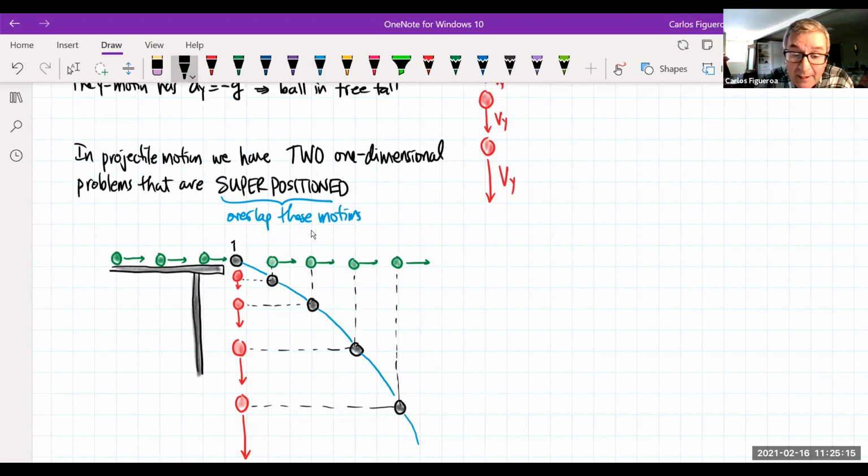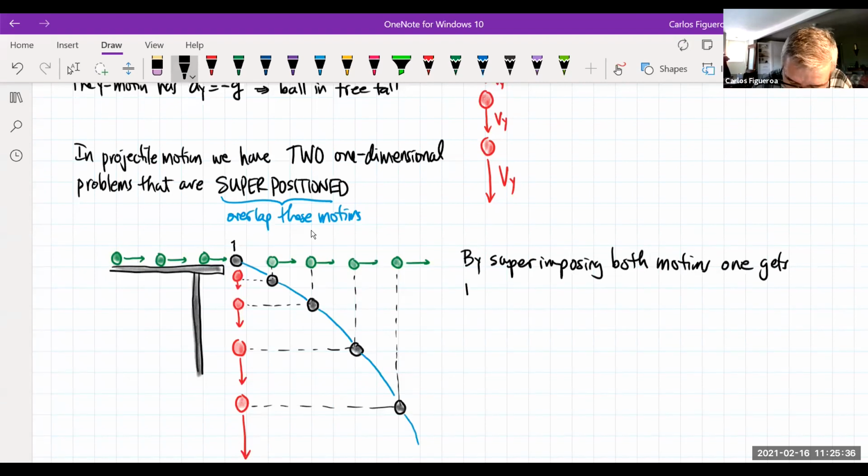So by superimposing both motions, one gets projectile motion, which tells you that you have a curved, parabolic path.